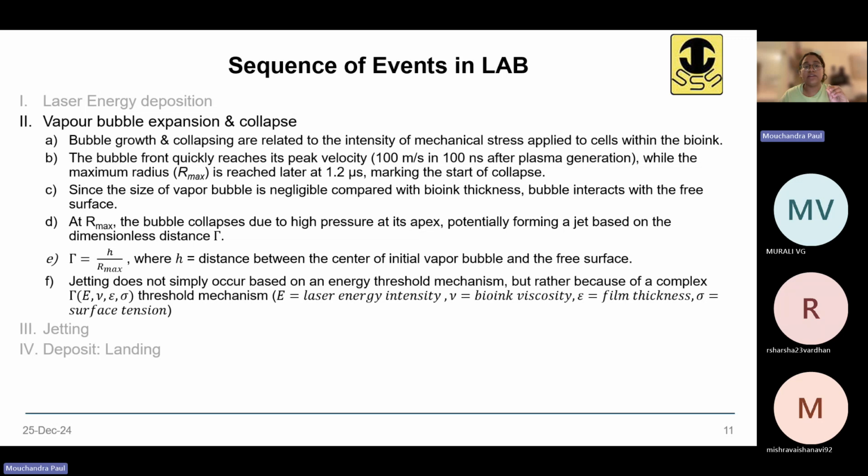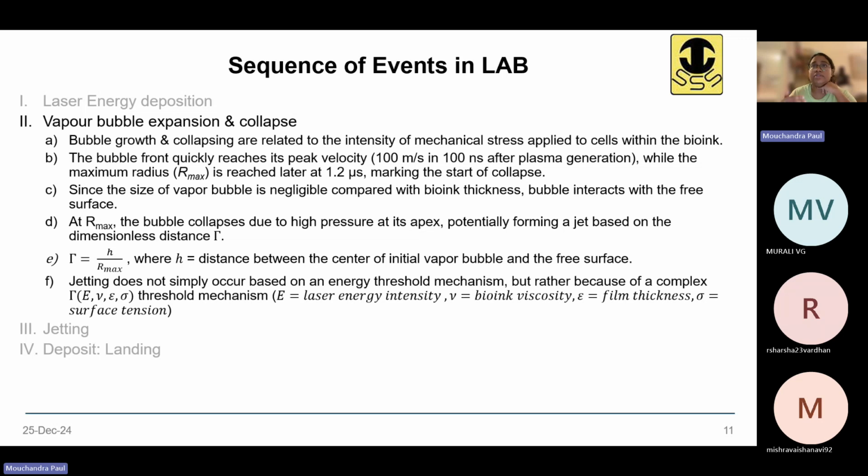The size that we're talking about, the vapor bubble formed because of the absorption of the laser into the interlayer, is very small compared to how thick the bioink is. At R max, the maximum radius this vapor bubble can reach, the pressure is very high at its apex. So it can result in the formation of a jet.